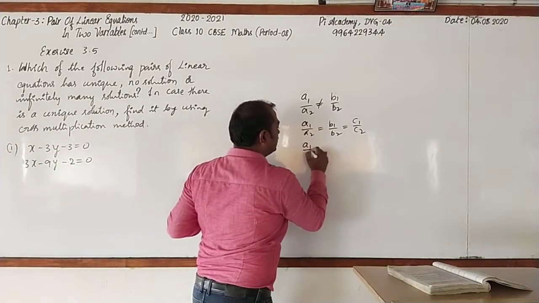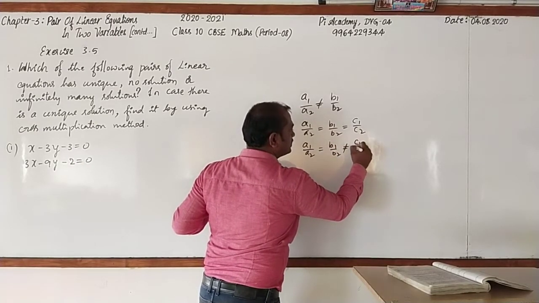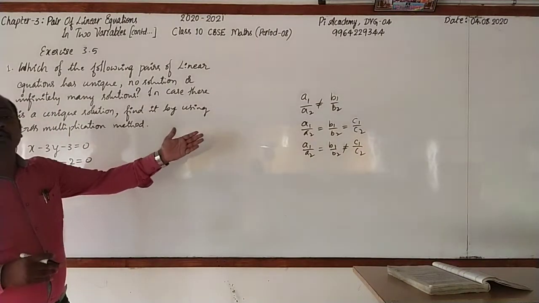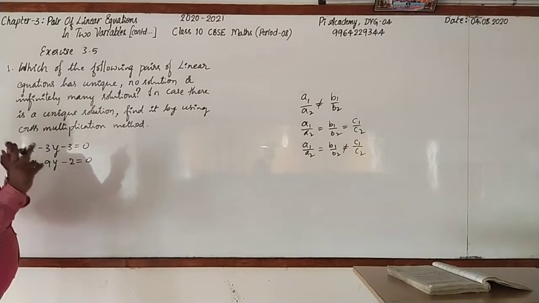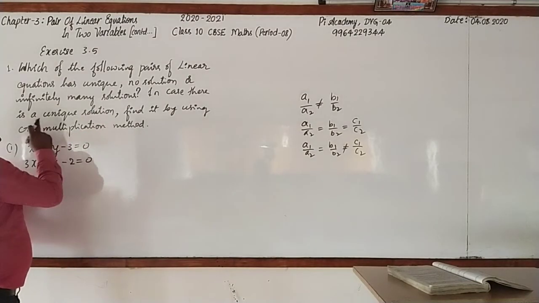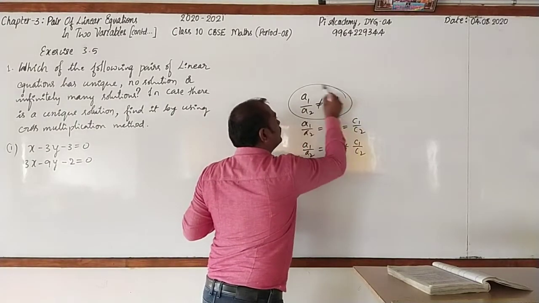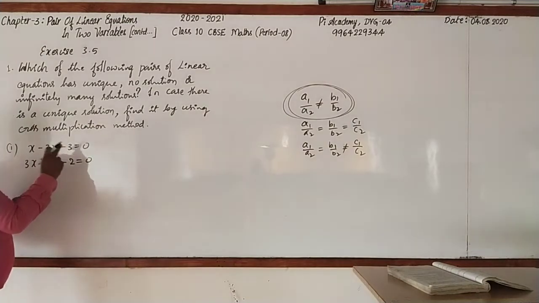If A1 by A2 is equal to B1 by B2 but not equal to C1 by C2, then they have no solution. Is it not? Yes. But here, in case there is a unique solution, that means if the given equations satisfy this condition, then we have to solve them by the cross multiplication method.